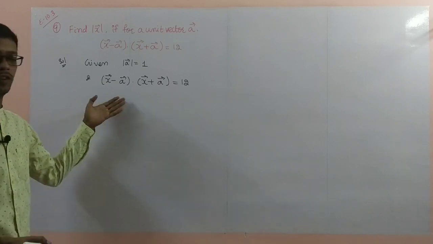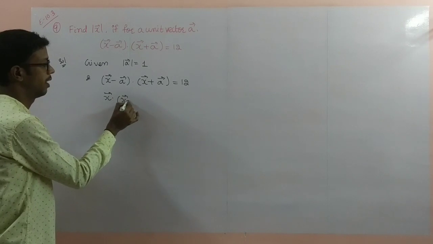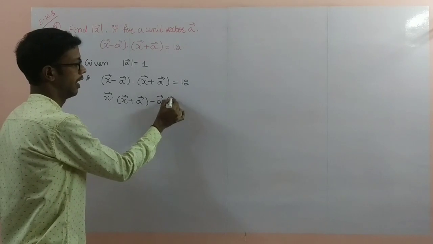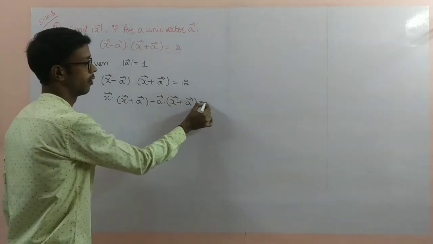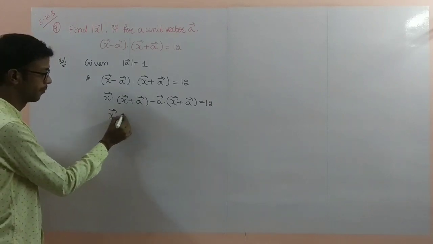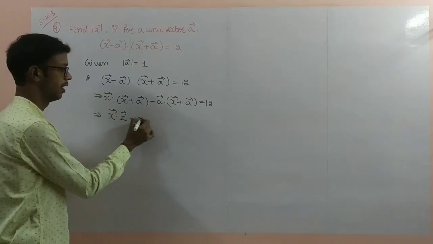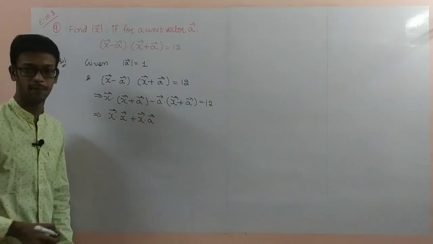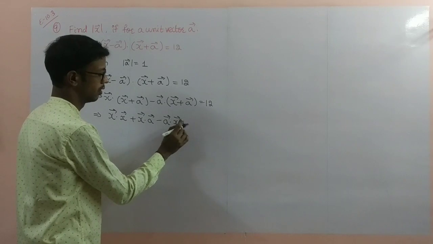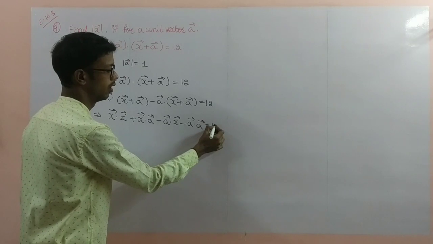So now simplify. We discussed the dot product, how we'll do it. x bar dot of (x bar plus a bar) minus a bar dot of (x bar plus a bar) equals 12. This implies x bar dot x bar plus x bar dot a bar minus a bar dot x bar minus a bar dot a bar equals 12.